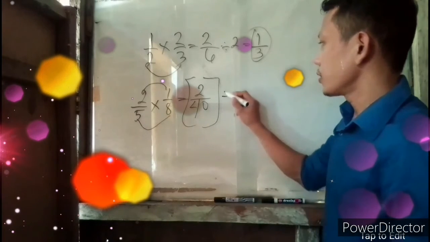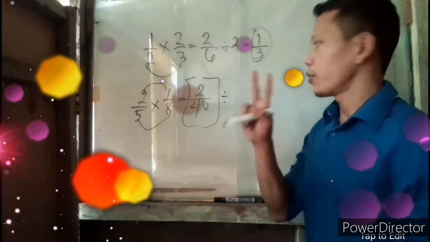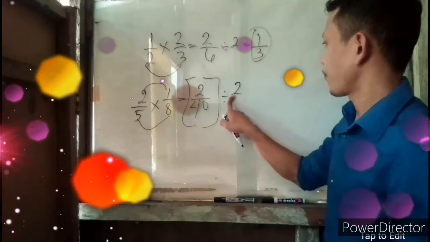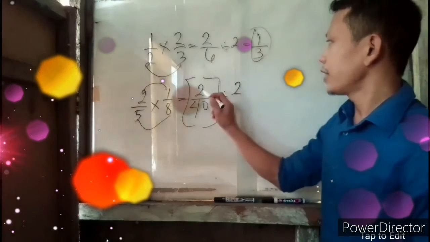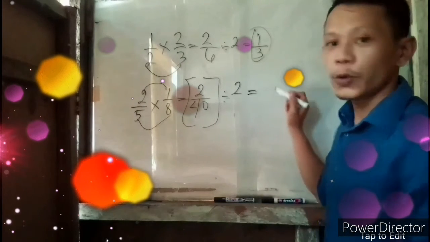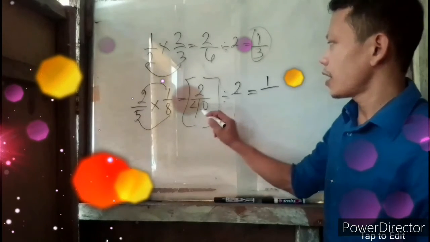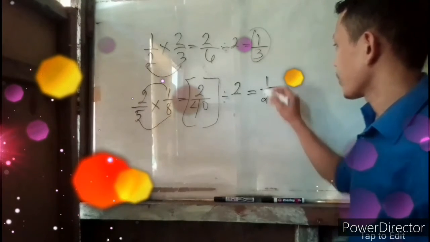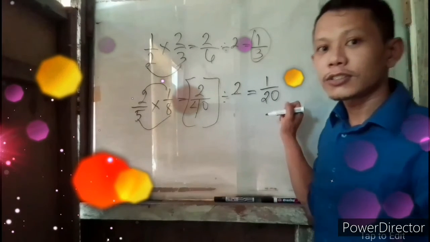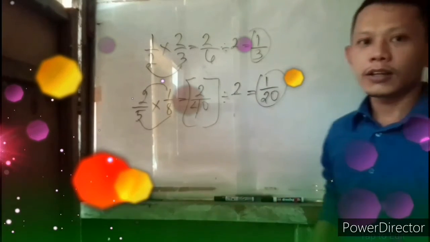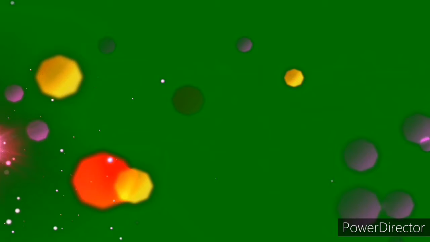Okay, we're going to divide it into 2. 2 divided by 2 is equal to 1. Right? 40 divided by 2 is equals to 20. Is this our final answer? So yes, this is our final answer. 1/20.